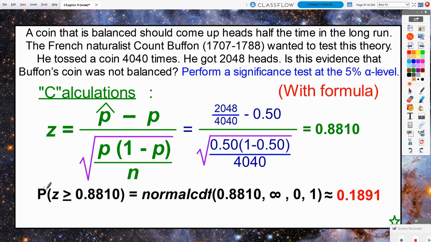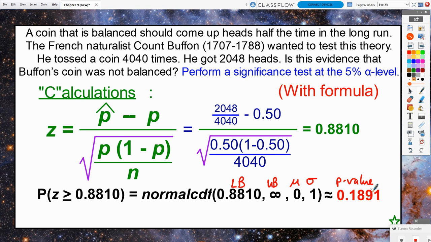So to calculate the p-value, what is the probability that we would find other test statistics as extreme or more extreme than our positive 0.8810? Using our normal CDF, we start with 0.8810 and go up to infinity with our typical mean and standard deviation of 0 and 1. This would be where we would typically stop and say this is our p-value.